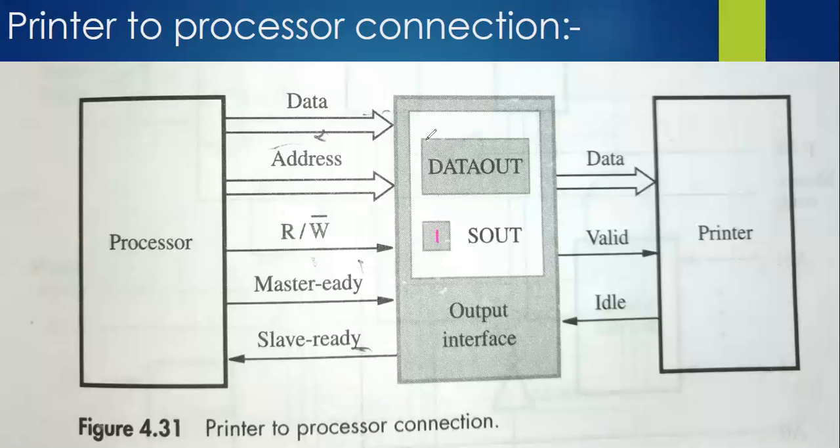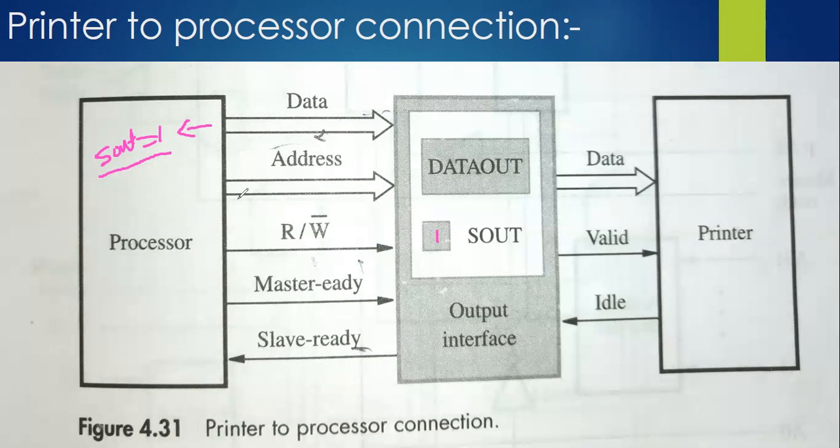So now S out is made 1, and that will be intimated to the processor using a data line. When the processor finds that S out is equal to 1, what it will do is upload the address of this particular device on the address line. First thing, remember, the address of this particular device will be uploaded.